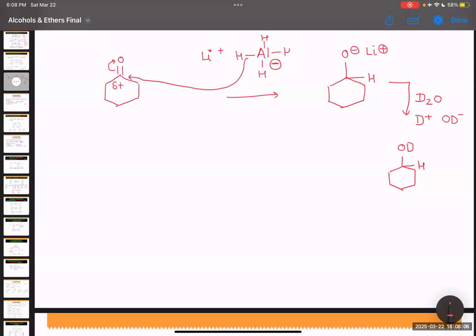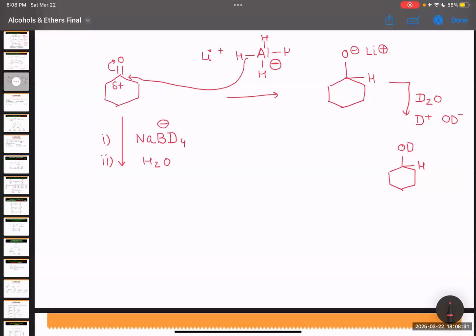NaBH4 can also reduce. Suppose I give you NaBD4, instead of hydrogen I have taken its isotope, NaBD4 followed by H2O. So this is D minus.